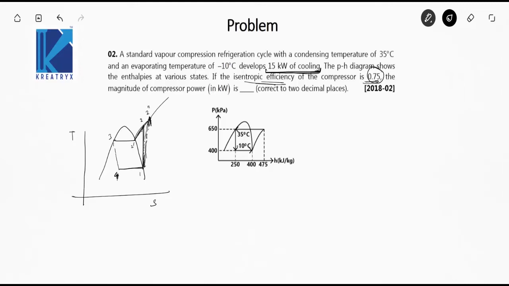They have asked us to find the magnitude of compressor work. The magnitude of actual compressor work will be equal to m dot (h2 double dash minus h1).